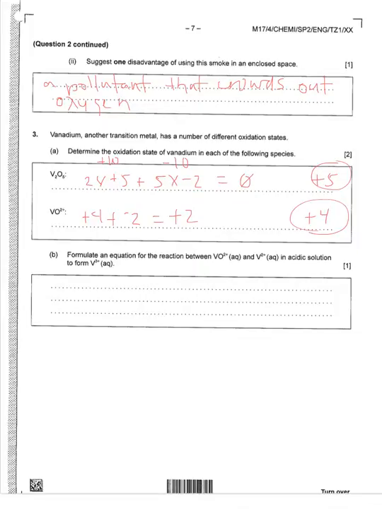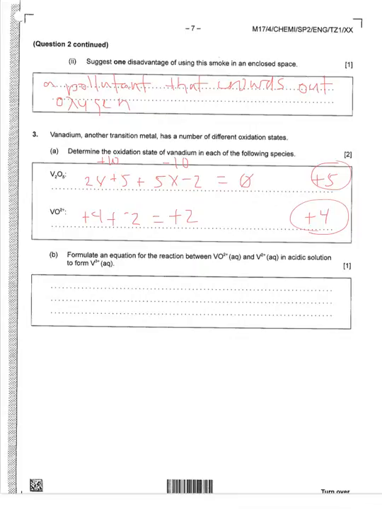And then part B, here's a redox equation for you, and it's actually a pretty easy one. Formulate an equation for the reaction between VO2+ and V2+ to form V3+. So you just need the equation in there at the end of it all. But what I'm going to do is go ahead and look at the 2 half reactions.